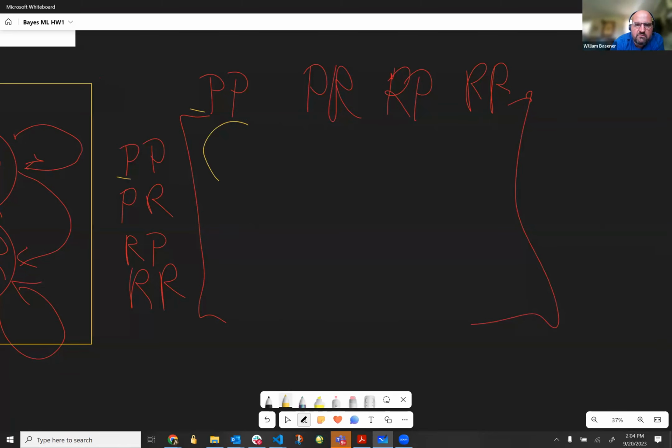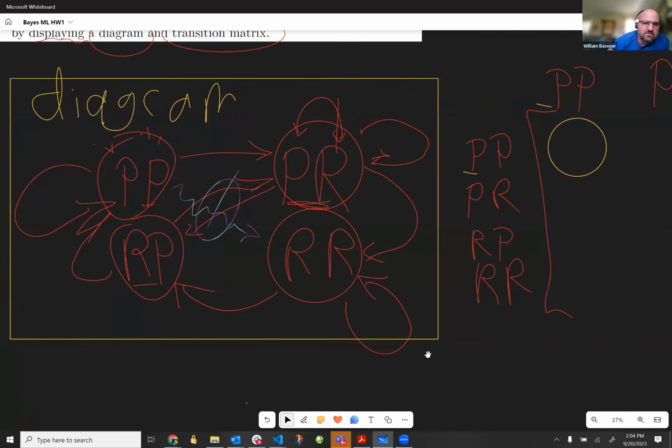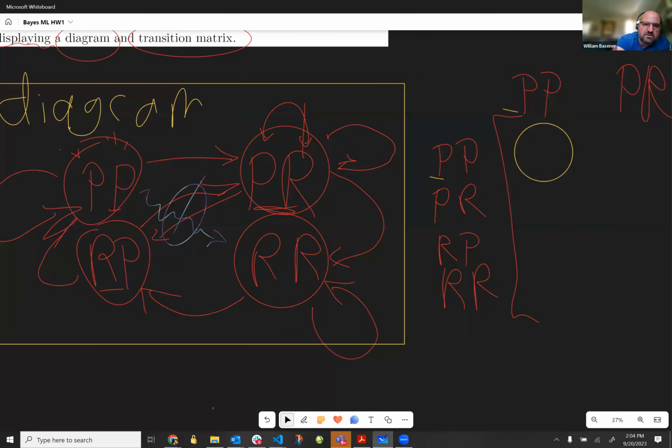So the number we write right here in our transition matrix would be the probability that you would follow this arrow, right? From pass to itself.